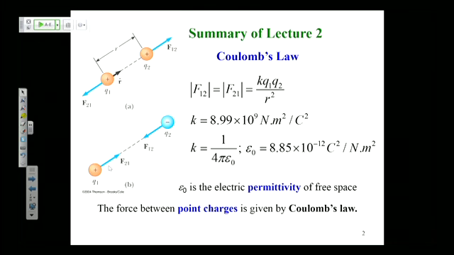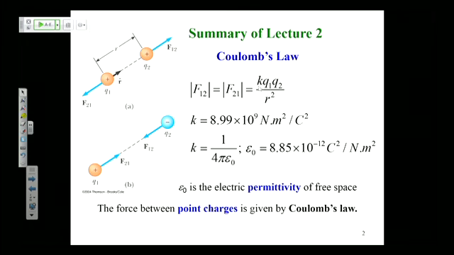According to Newton's third law that we learned in Physics 1, for each action there is an opposite reaction equal in magnitude. So obviously, these forces are equal in magnitude, though they are opposite in direction.